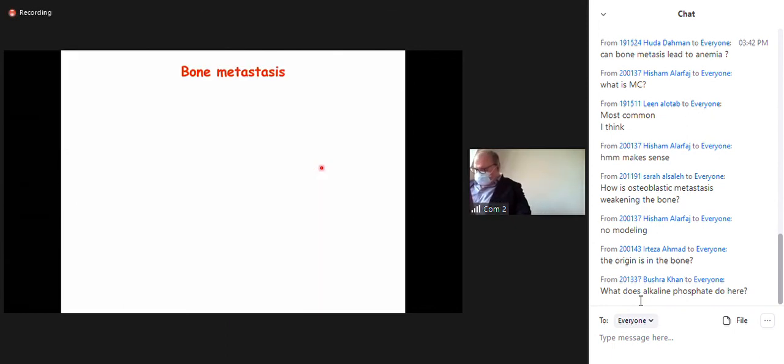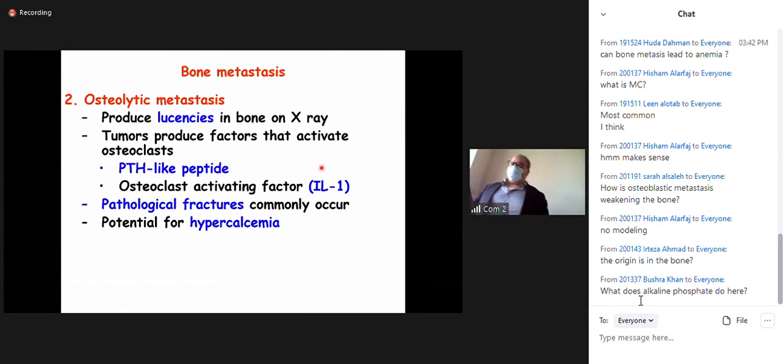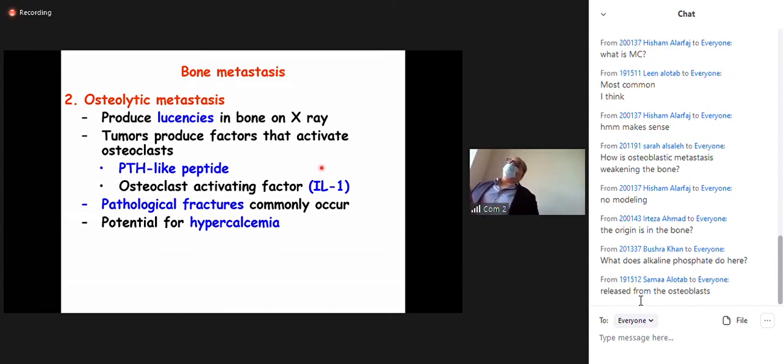On the other hand, the osteolytic metastases are going to be producing lucency in the bone. So you will start to see areas that have been eaten up, resorbed in the bone. Why does that happen? In this case, the tumor cells are the culprit in creating those osteolytic metastases. How do they do it?